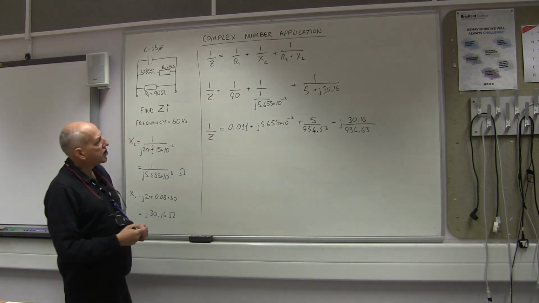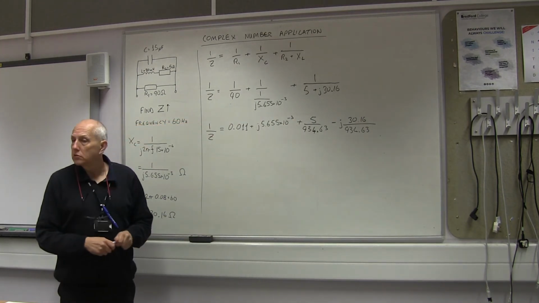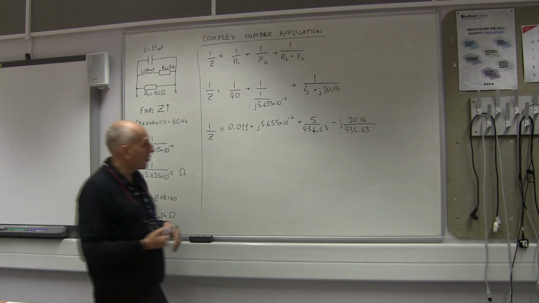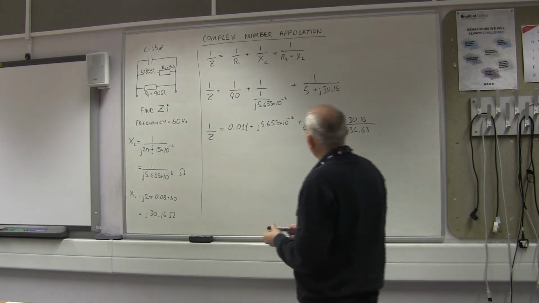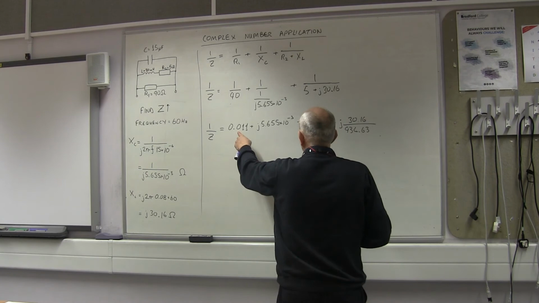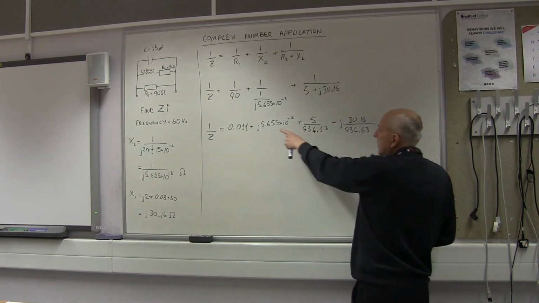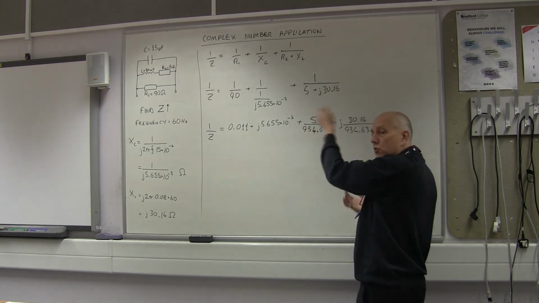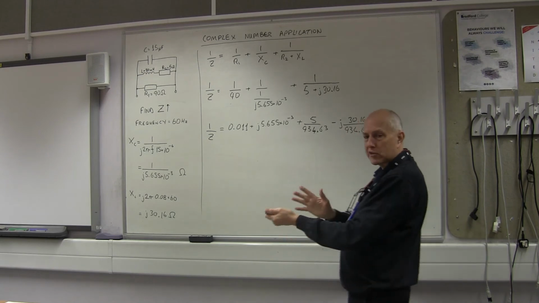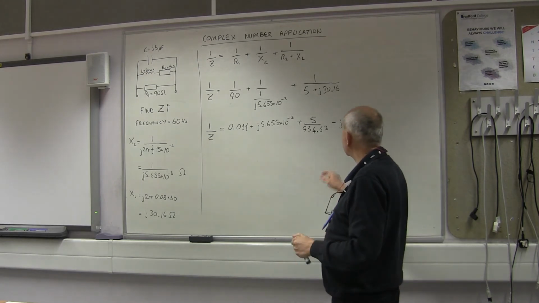So I've now got, getting close. So what I've now got is another calculator job. This is real, this is real, this is imaginary, this is imaginary. So it's not your normal process. Add your real parts together, add your complex parts together.